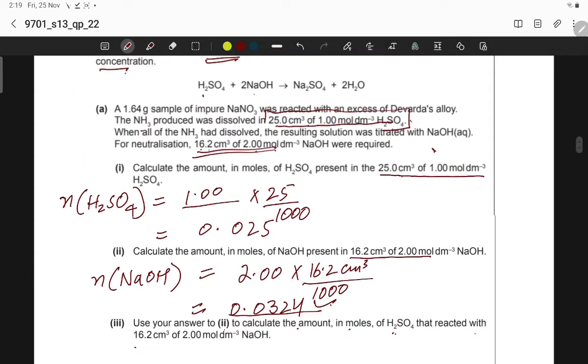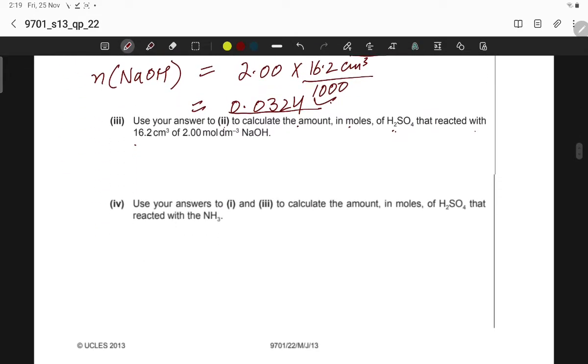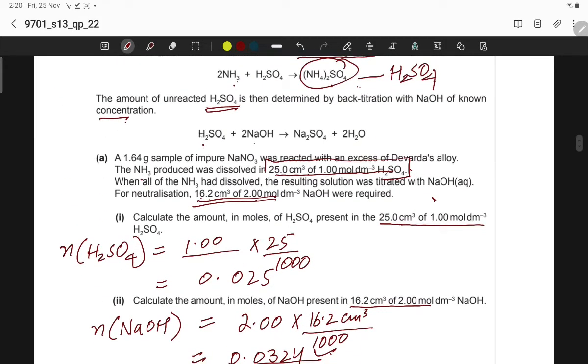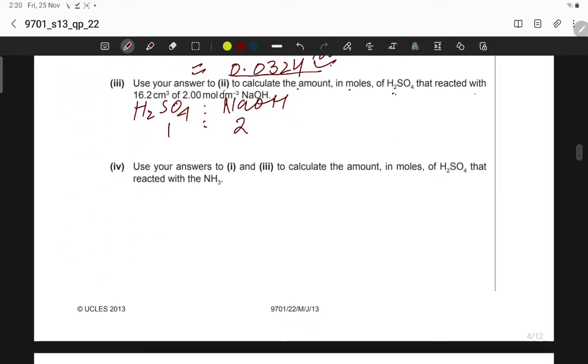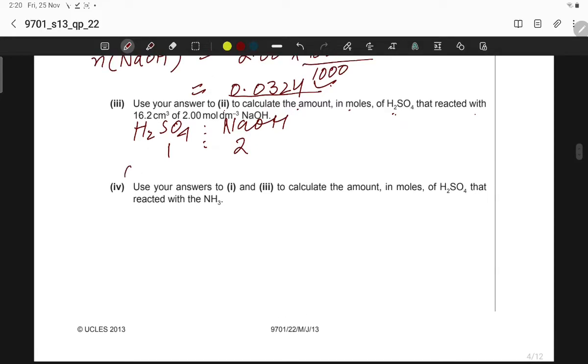We know that sodium hydroxide reacts with sulfuric acid in a 2:1 ratio. From the equation, H2SO4 to sodium hydroxide is 1:2. So the sulfuric acid mole is x, and sodium hydroxide is 0.0324.